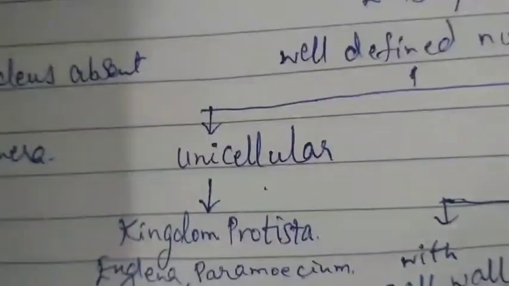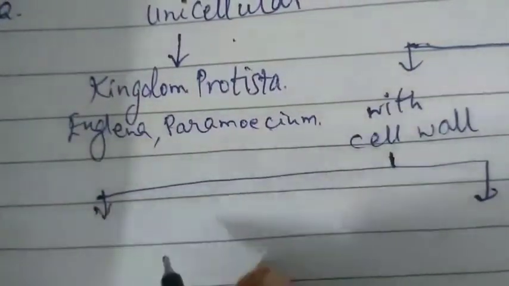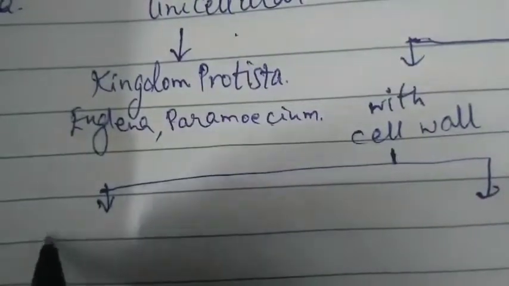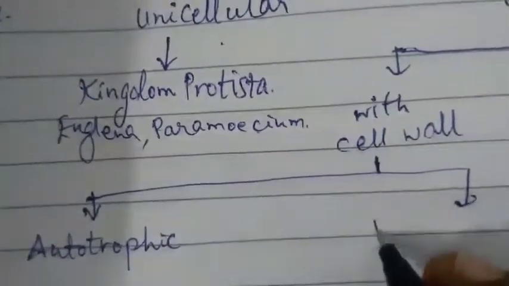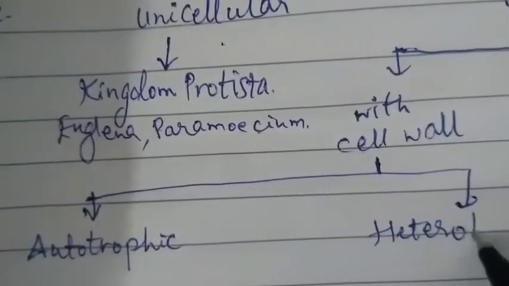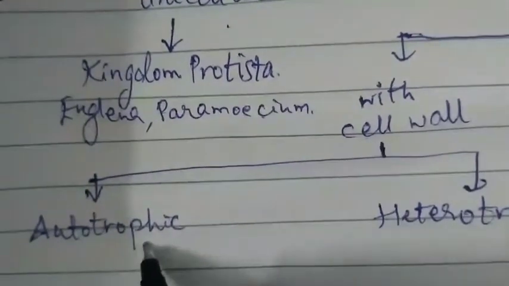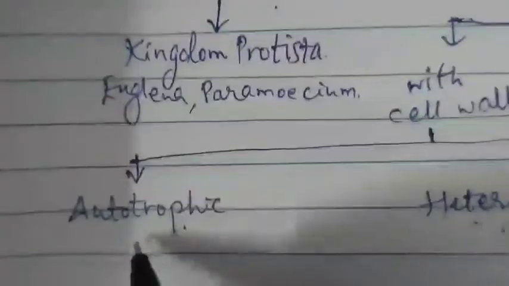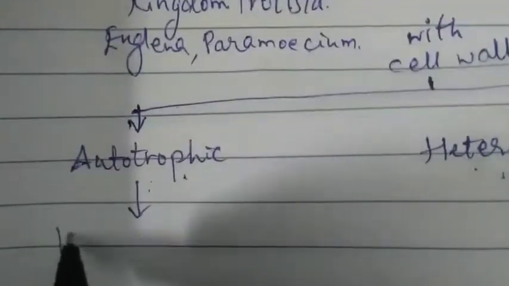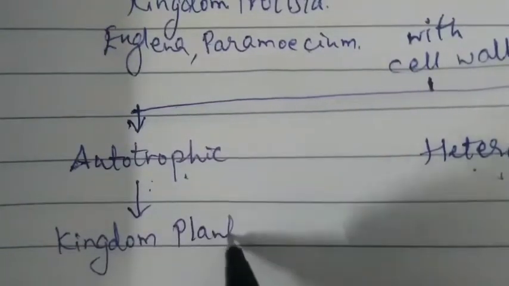Now those with a cell wall are again classified into two, autotrophic and heterotrophic. Heterotrophic means whether they can prepare food or they are dependent on others. Under autotrophic, you know, that is Kingdom Plantae, that is plants.